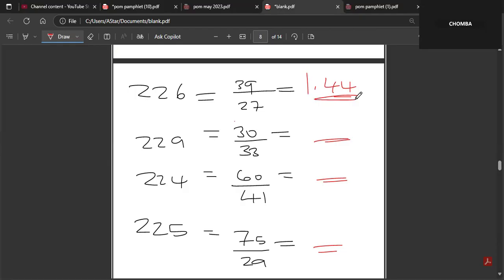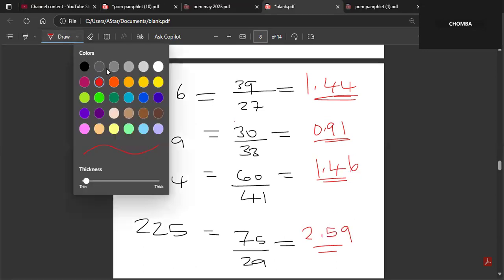The other one, the 30, is 0.91. The other one is 1.46. This is 2.59.